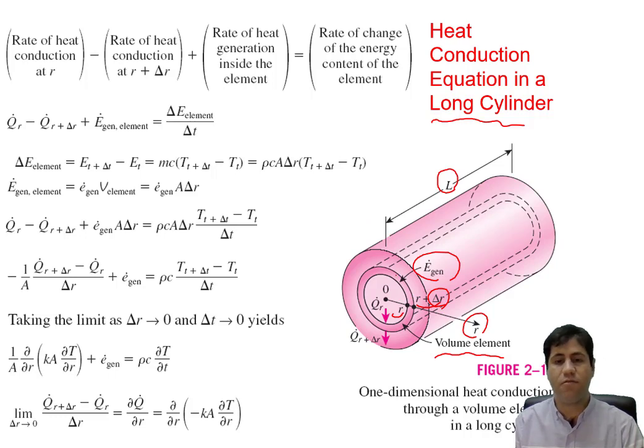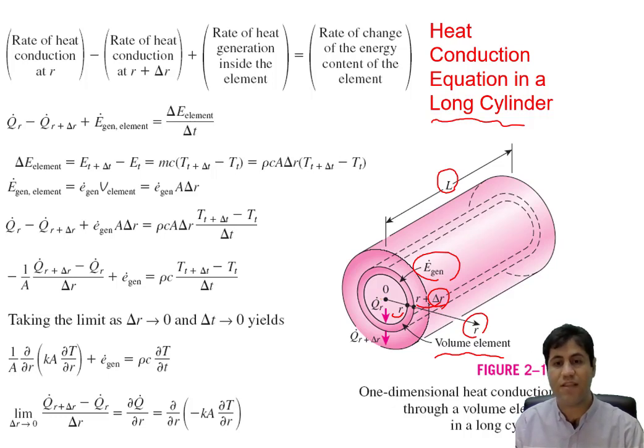Now again, if we write the heat balance or energy balance equation for our element, we will have it like this. Rate of heat conduction at R, at this point, minus rate of heat conduction at R plus delta R. In other words, this dash line is our element. So to its inner surface, we have heat conduction through our element.